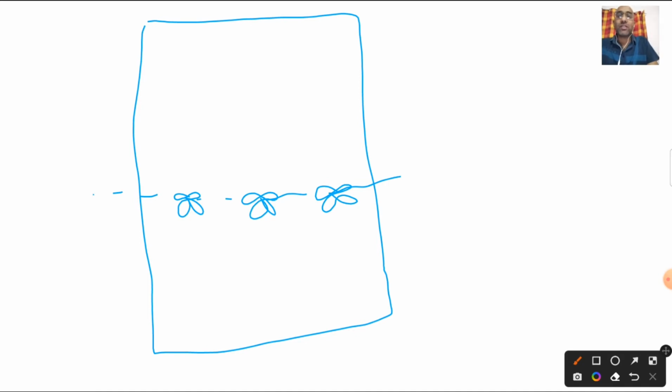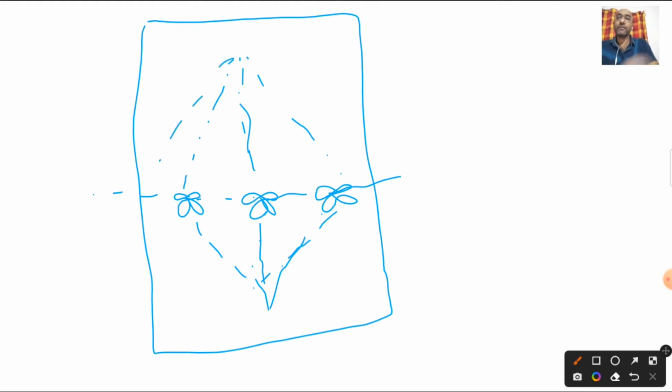Now these 3 chromosomes are arranged in the equatorial plate in such a way that the 2 chromatids of the chromosome are attached to the opposite poles. Okay, this is how they are attached.